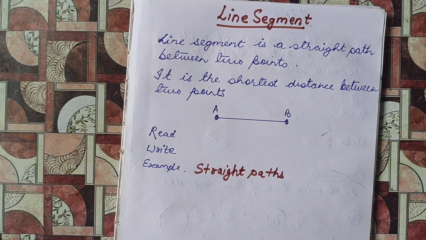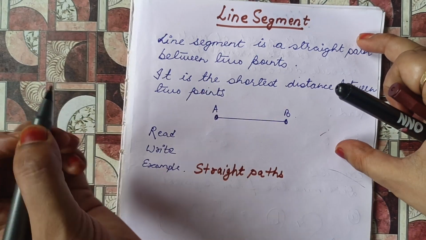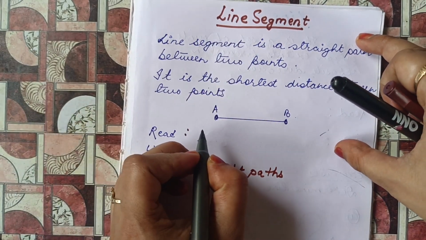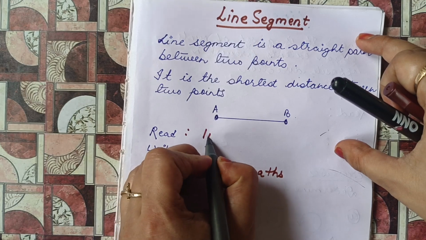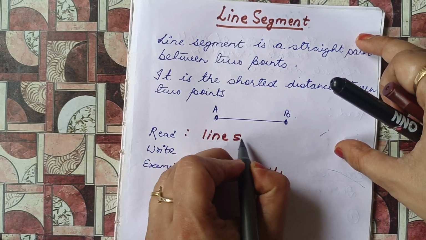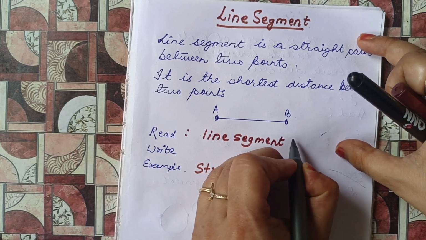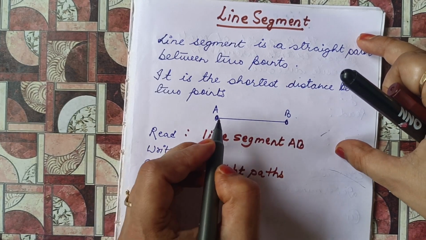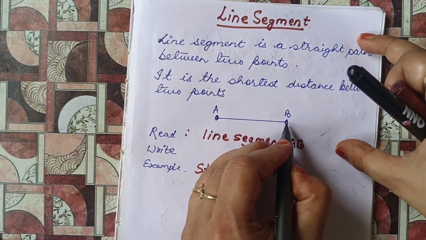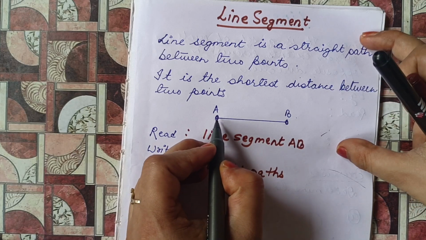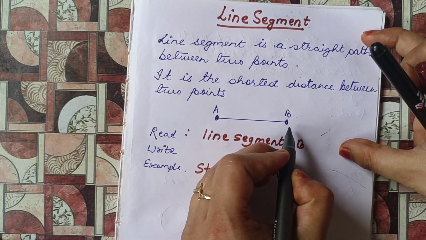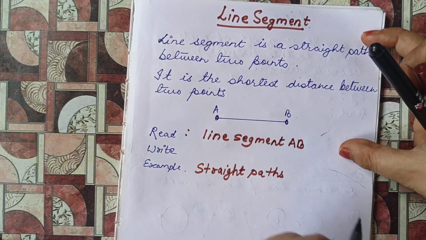Now we read line segment as line segment AB. Here, this is an example of line segment where this is a straight path and there are 2 points.